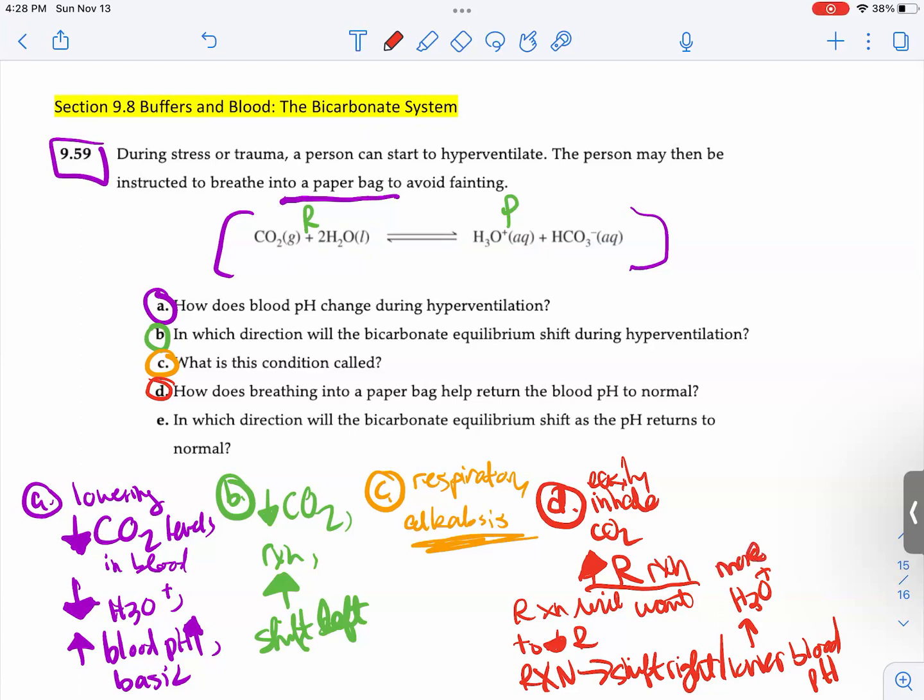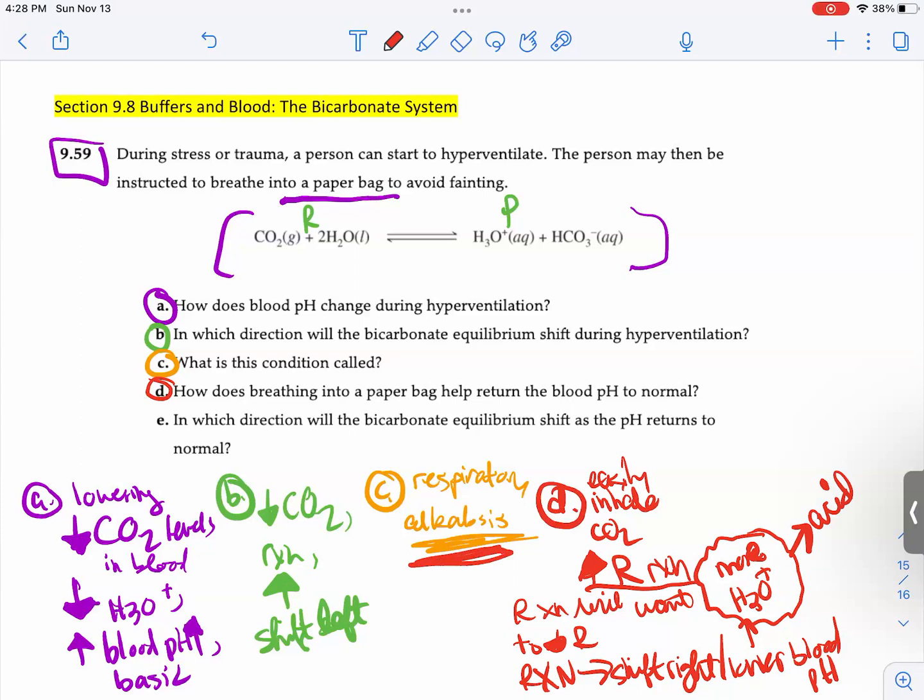The reaction, I'm so sorry. The reaction is going to give us more hydronium ions, lower the pH, and so we're going to be more acidic, which is better to shift away from a situation that is too alkaline, respiratory alkalosis.